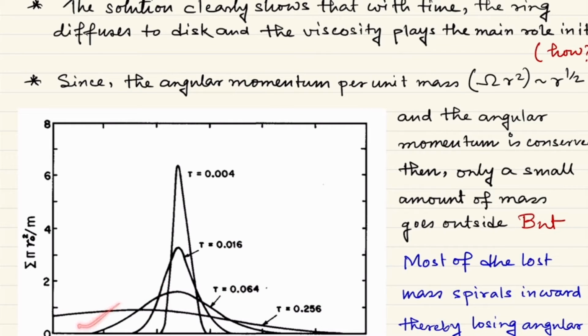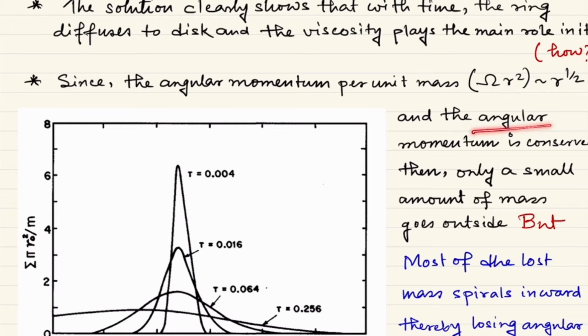The lower one. What is the meaning of that? That is because the whole system doesn't have any net external torque, so the angular momentum should be conserved. But we know that for a Keplerian disk, omega is proportional to r to the power minus 3 by 2. So omega times r square should be proportional to r to the power half.